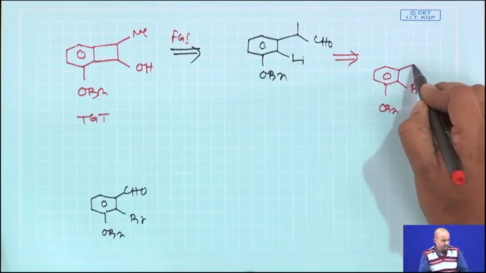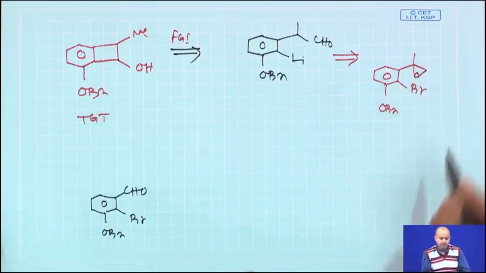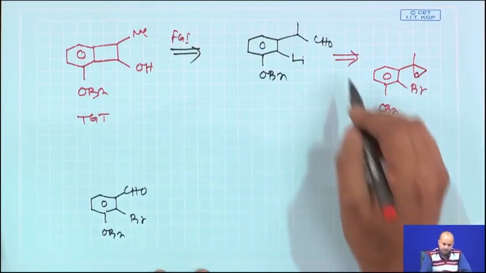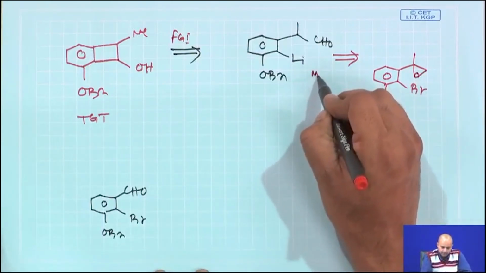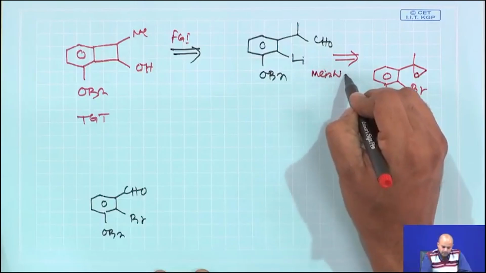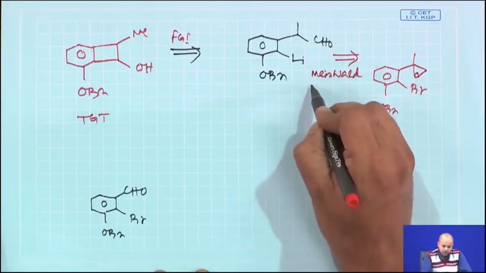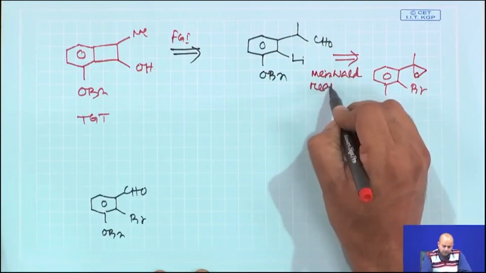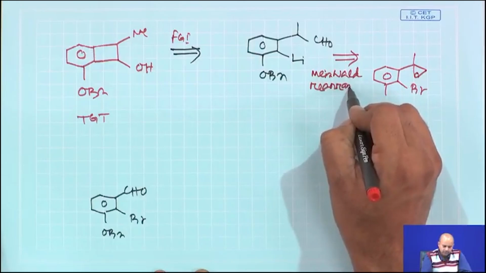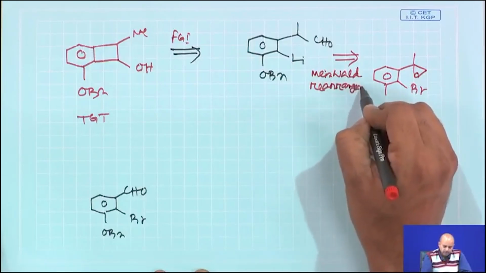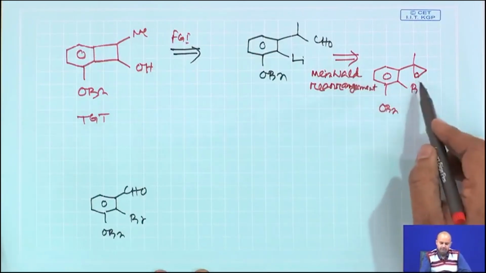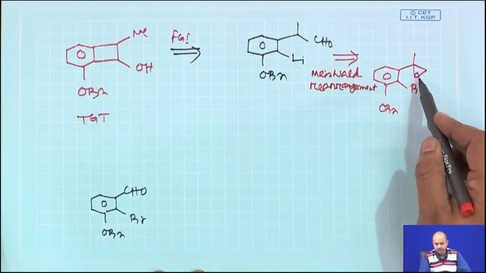Now, here I say if you have this epoxide, you can basically do a Meinwald type of rearrangement, the rearrangement which you have just discussed, that BF3 or Lewis acid mediated semipinacol type of rearrangement will give you this compound.